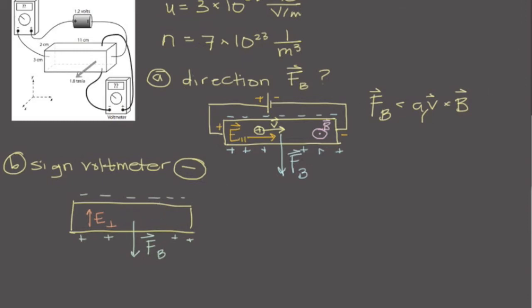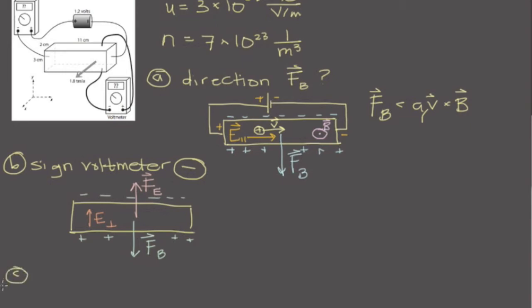So we have a force exerted due to this E transverse that is upward, and this is F sub E in this case. What we also saw in the video is that the magnitudes of these two forces have to equal each other. This is going to come in handy for part C of this problem.